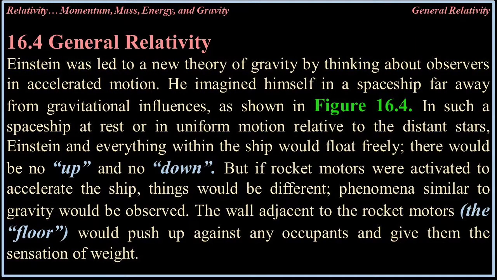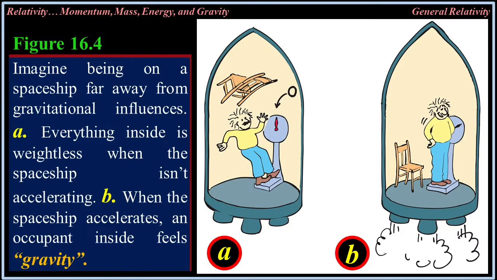16.4 General Relativity. Einstein was led to a new theory of gravity by thinking about observers in accelerated motion. He imagined himself in a spaceship far away from gravitational influences, as shown in Figure 16.4.